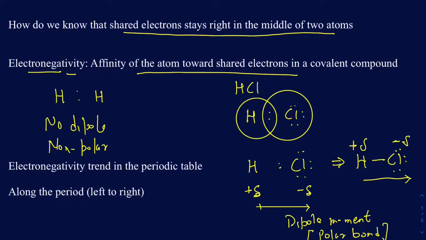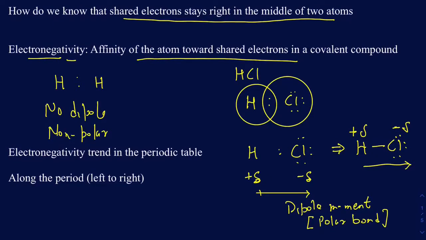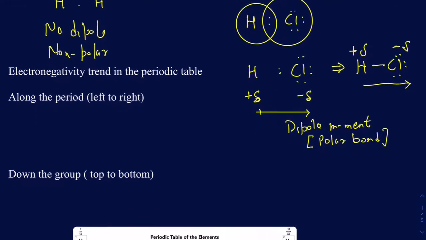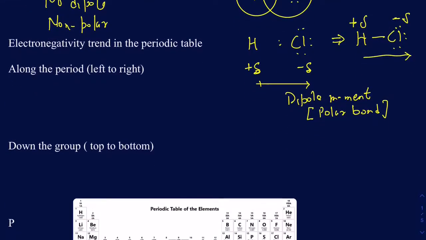Okay, so how do we know the chlorine actually has a higher electronegativity value than the hydrogen? Well, there is a trend of electronegativity in the periodic table, and this is something you want to memorize for right now. When you're looking at a period from left to right, your size decreases.